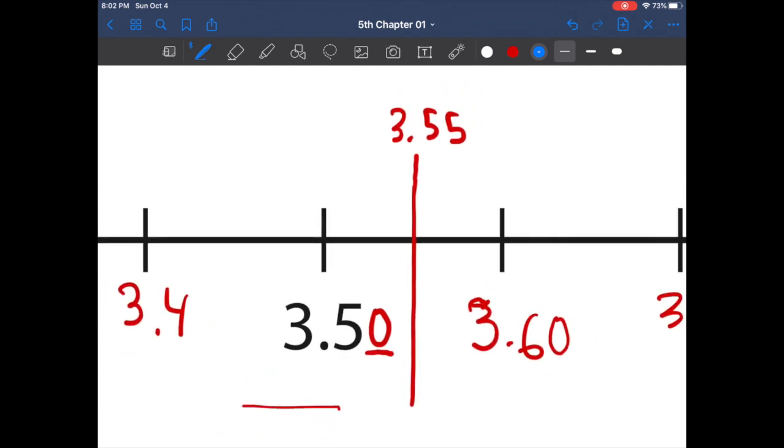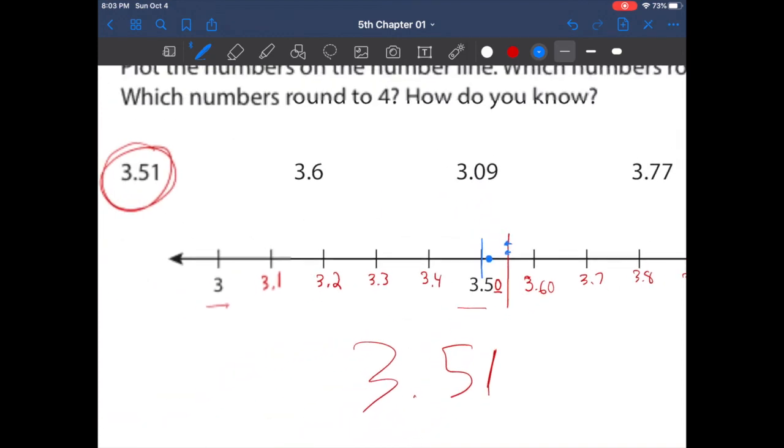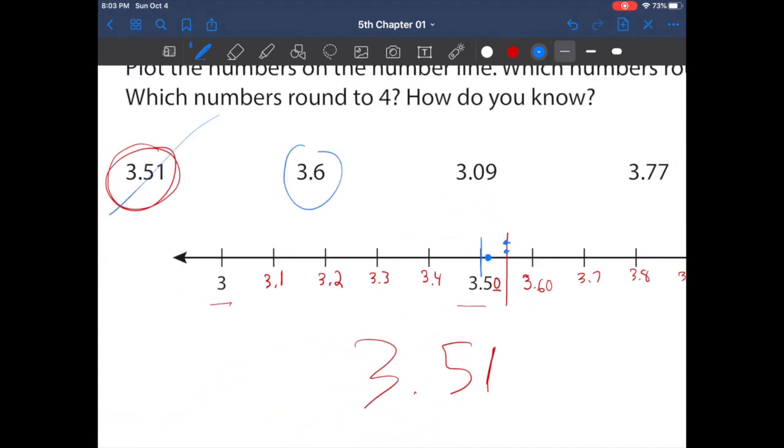Is it bigger than 55? 3.51, is it bigger or smaller? It would be smaller, so it's going to be on this side. So it's bigger than 3.5, but it's smaller than 3.55. So if we were going to use our best guess, I think that would be somewhere right around there.